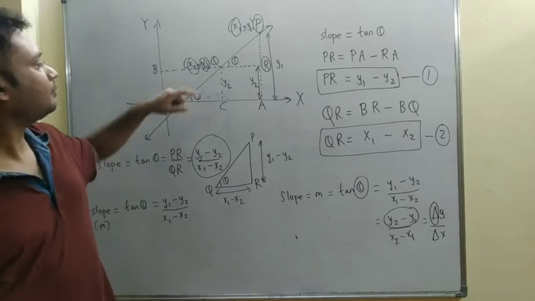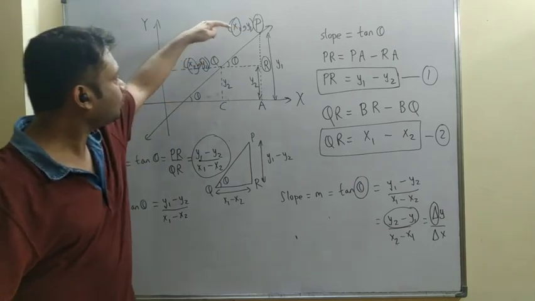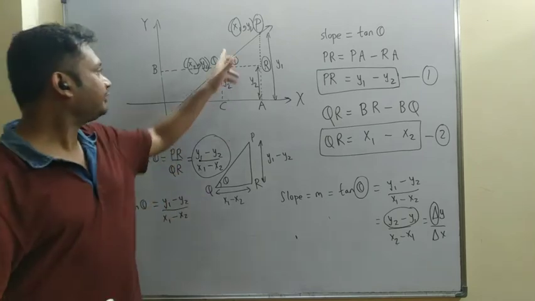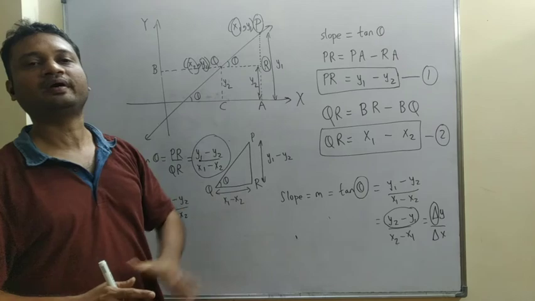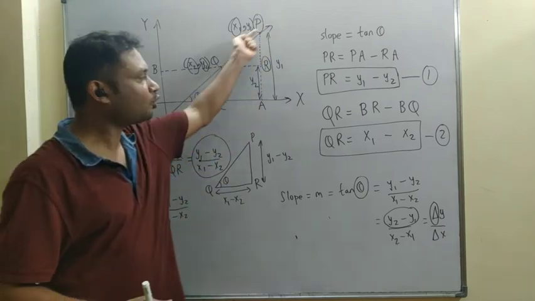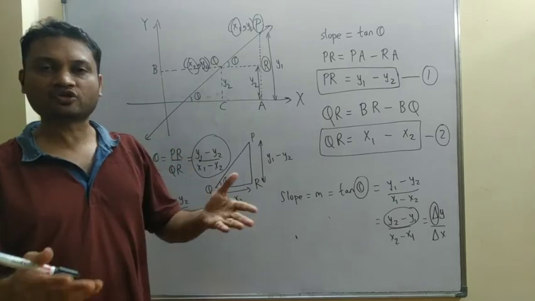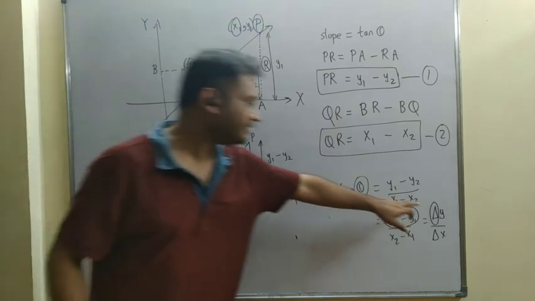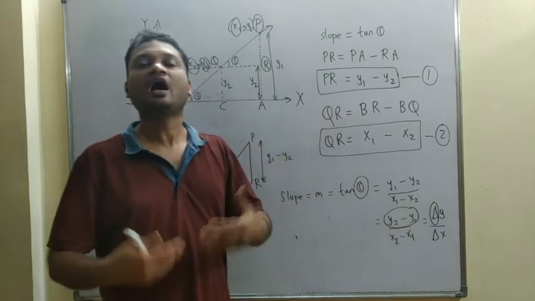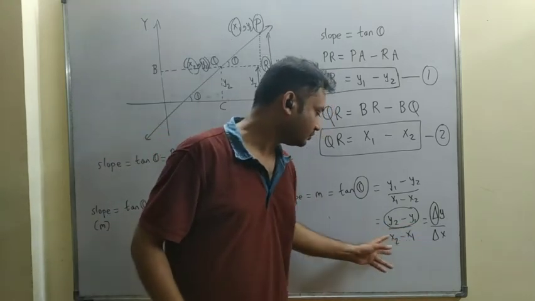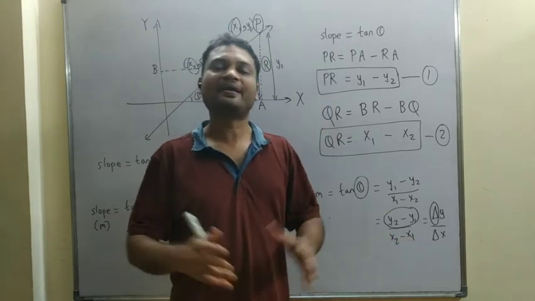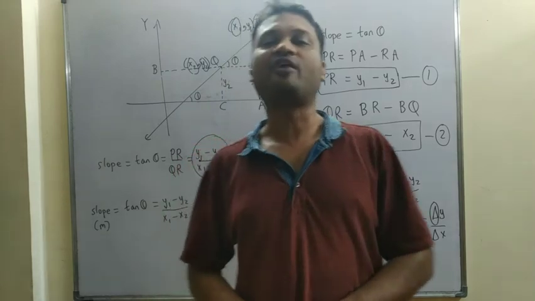It is also equal to y1 minus y2 upon x1 minus x2, which can also be written as y2 minus y1 upon x2 minus x1, because the slope of line PQ is the same as the slope of line QP. It is also denoted by delta y, the change in y coordinate, which is y2 minus y1, upon delta x, the change in x coordinate, which is x2 minus x1. So this is the basic idea of slope of a line.